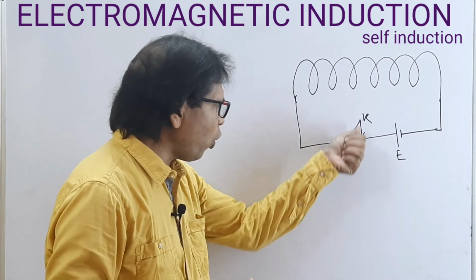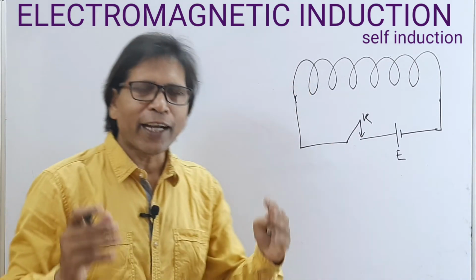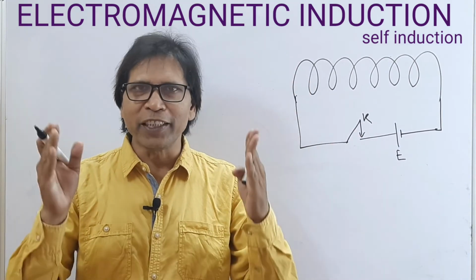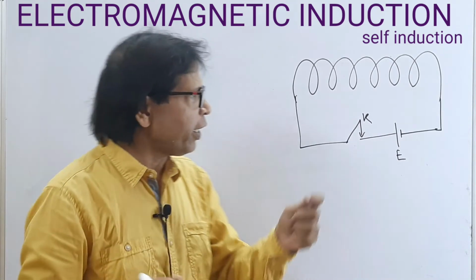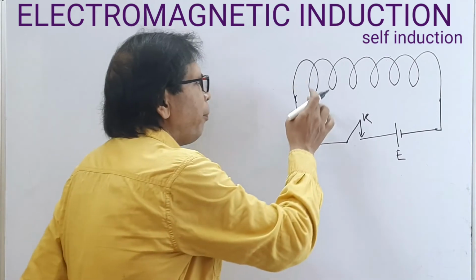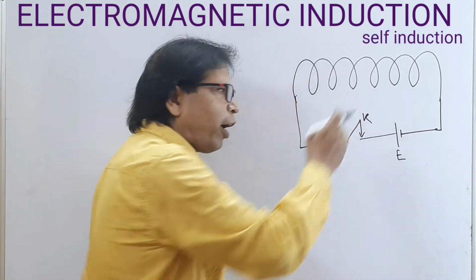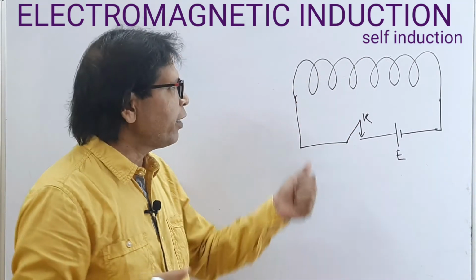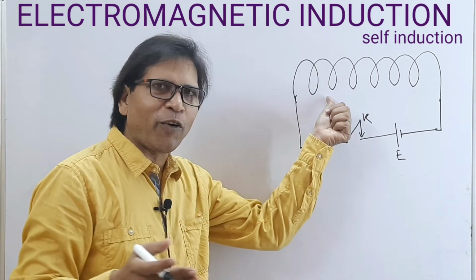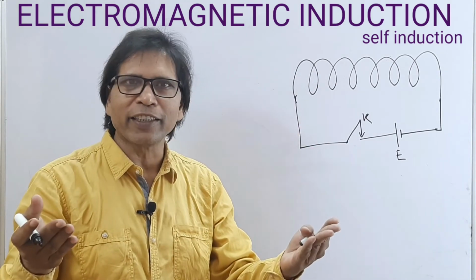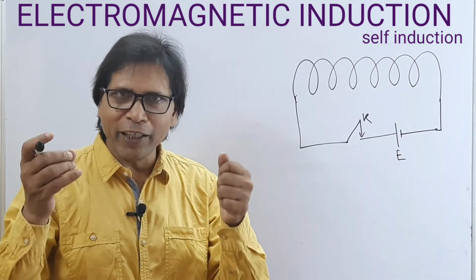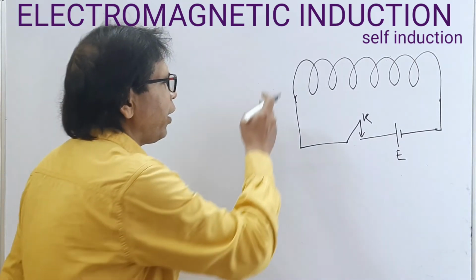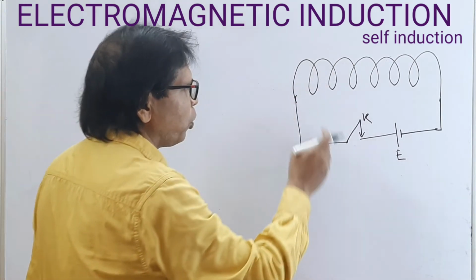When the switch is on in a coil, the current increases from 0 value to its maximum value. So during increase of current, the magnetic field in this coil also increases. Therefore, flux linked in the coil also increases. As change of flux produces induced EMF, so here induced EMF is produced.